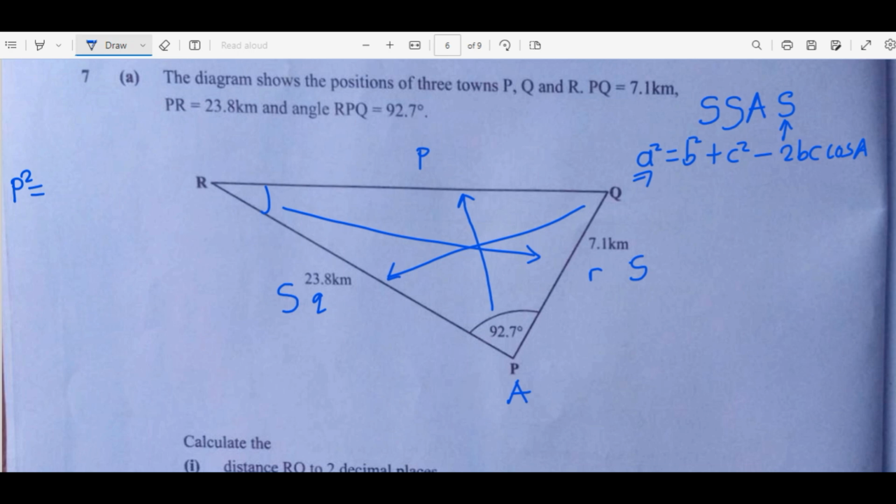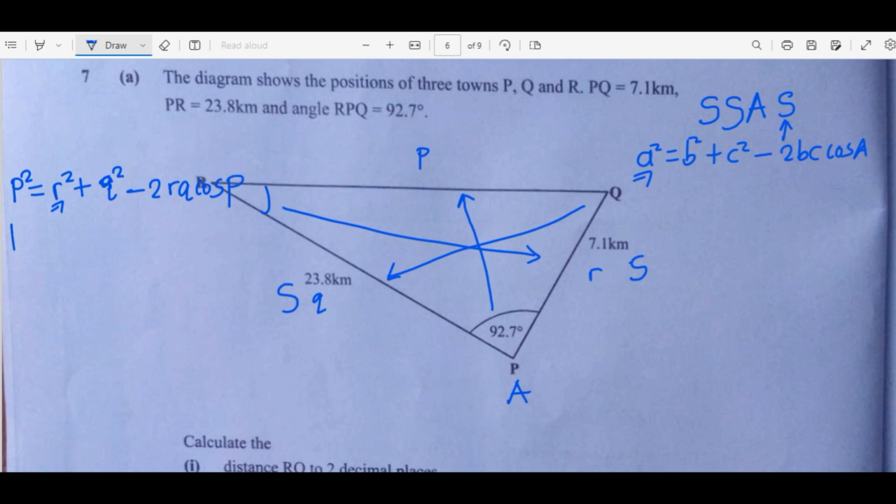Then we are going to write the r. So say r squared plus q squared minus 2. You write this one, r, q, then cos C. The angle given is P, so cos P as our formula.